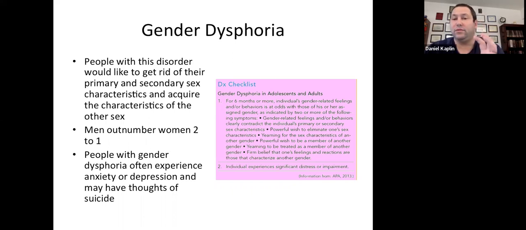Now, I went through the DSM criteria. This criteria is for adolescents and adults. There is a childhood version as well. I left that one out for the time being because I think a separate video should be done on that. In terms of gender dysphoria in adolescence and adulthood, males tend to outnumber females 2 to 1.